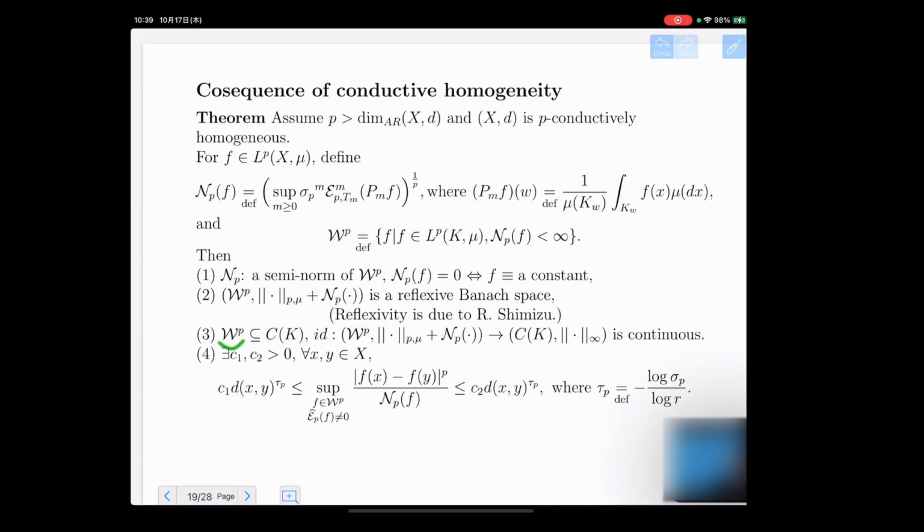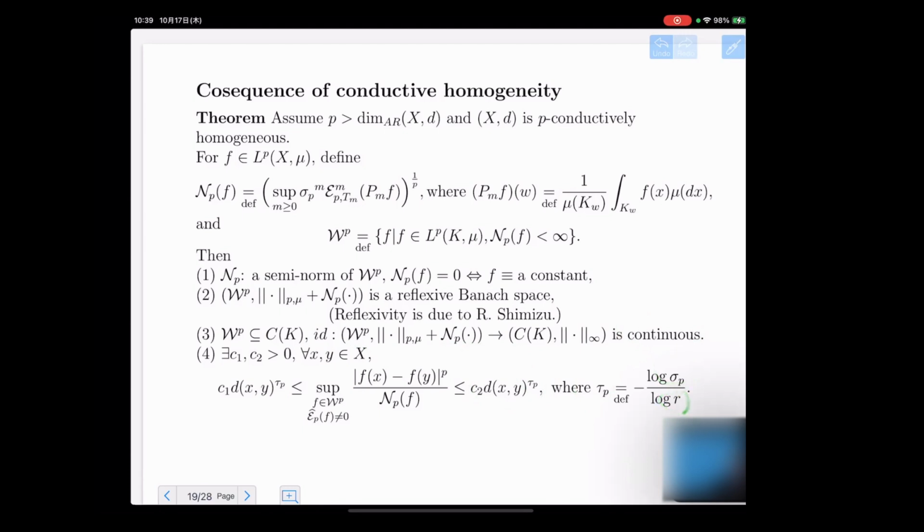If P is larger than the Ahlfors regular conformal dimension, this WP is embedded in the continuous functions, and this embedding map is of course continuous. Also, the functions in this space have some Hölder continuity with order tau p, and this tau p is determined by the scaling factor and this R.